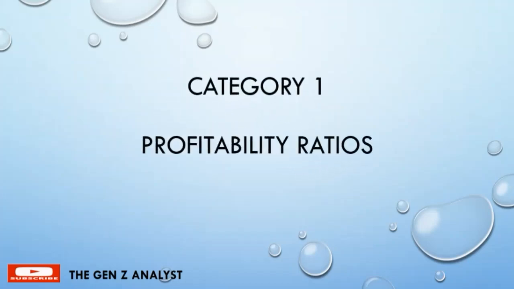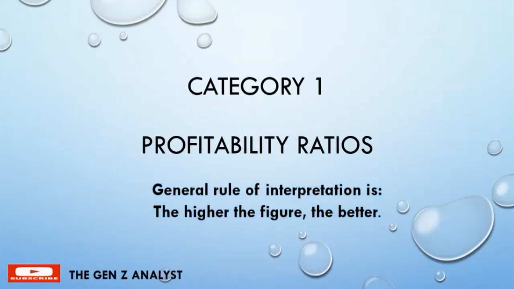Alright, now the first category is profitability ratios. Profitability ratios tell us how much the business is generating using certain metrics within the financial statements. The general rule when it comes to profitability ratio interpretation is that if you calculate these ratios and the figure is high, then it is better.